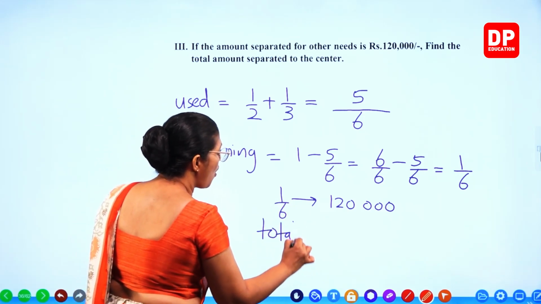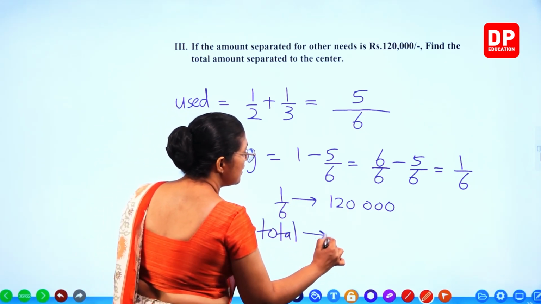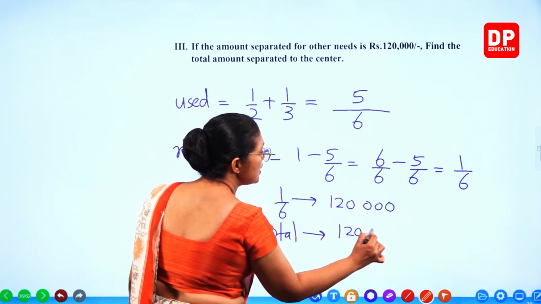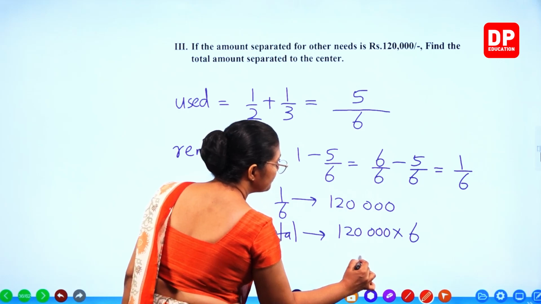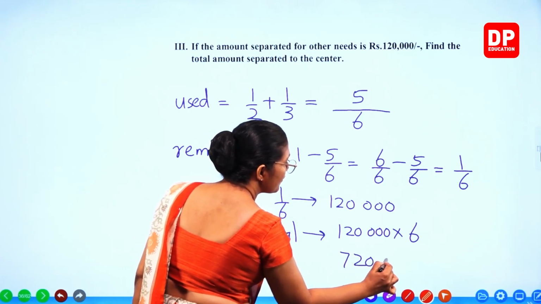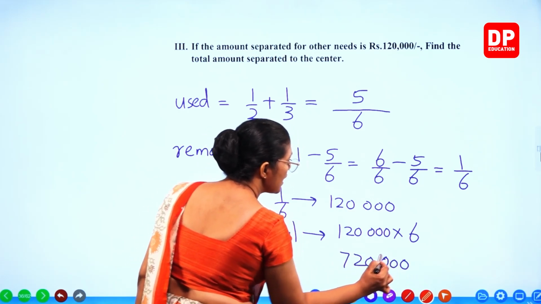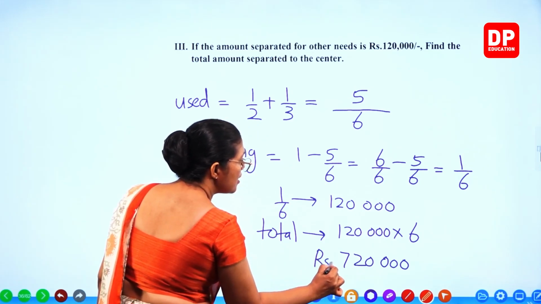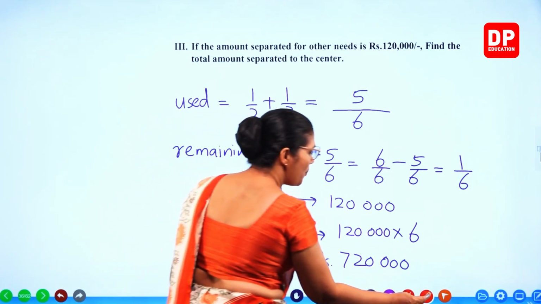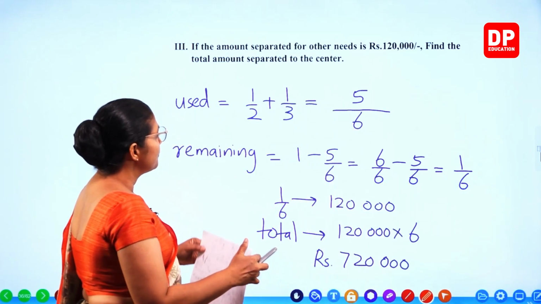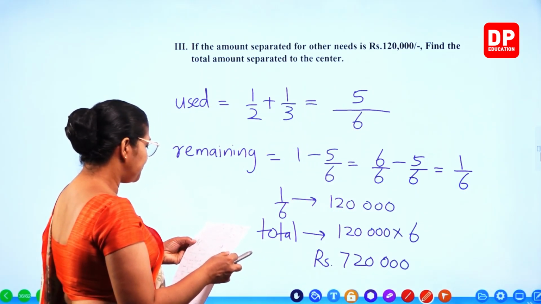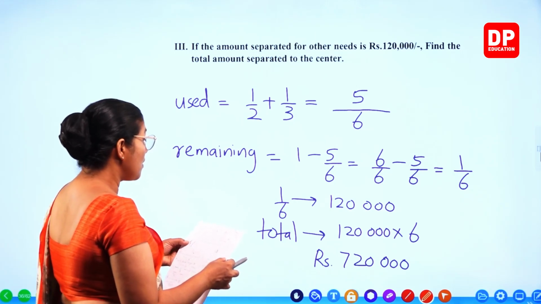So that means altogether 6 parts. 120,000 multiplied by 6. So what's the total? 720,000 rupees. So how many marks for that? You are getting 3 marks.